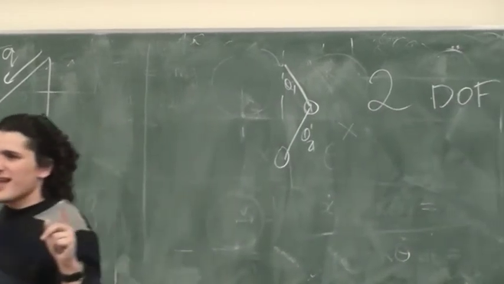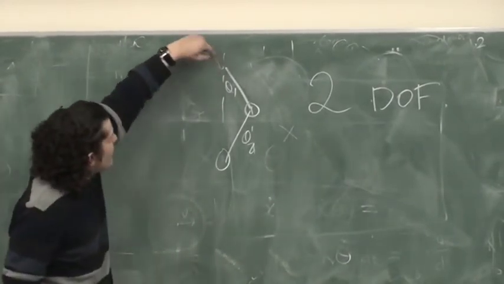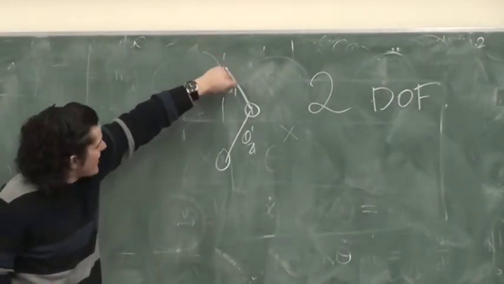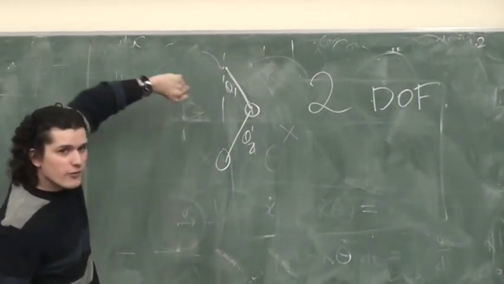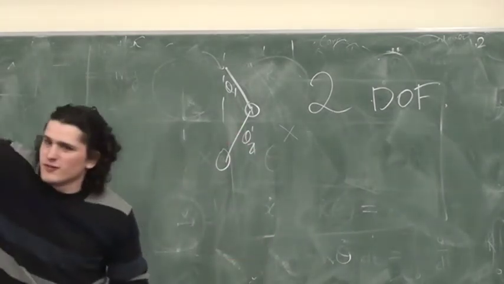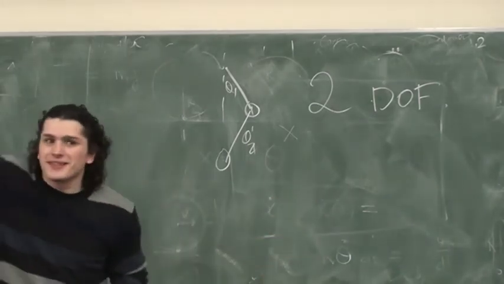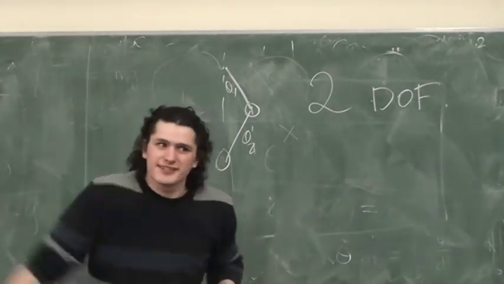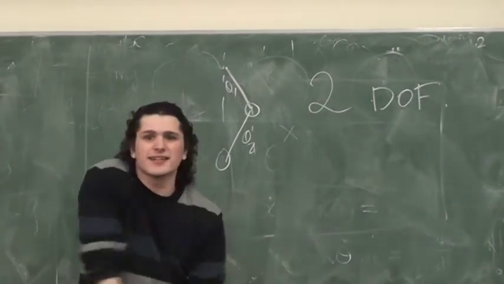If, however, and this is an important one, I now, instead of letting this thing wiggle around on its own, specify some path for the first one, right? I force it to do this. And then I let the second one vary however I like.